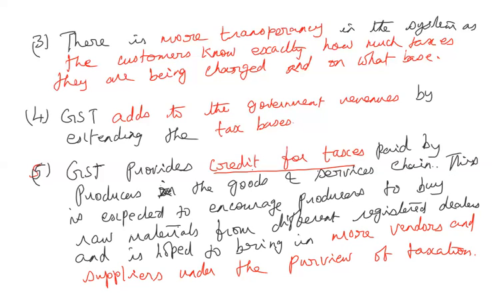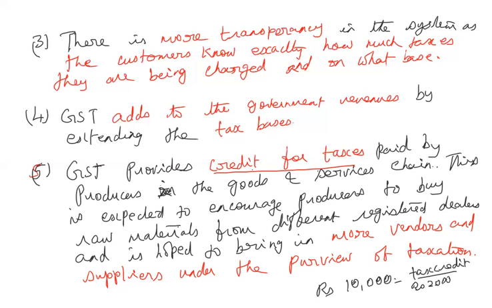Suppose, for example, the producer has to pay tax to the government to the extent of 10,000, and if this producer is bringing more and more dealers under the purview of taxation, then the government is encouraging the producer by giving certain concessions in paying the tax in the form of the tax credit. So let us assume the government is giving a tax credit of 2,000 rupees.